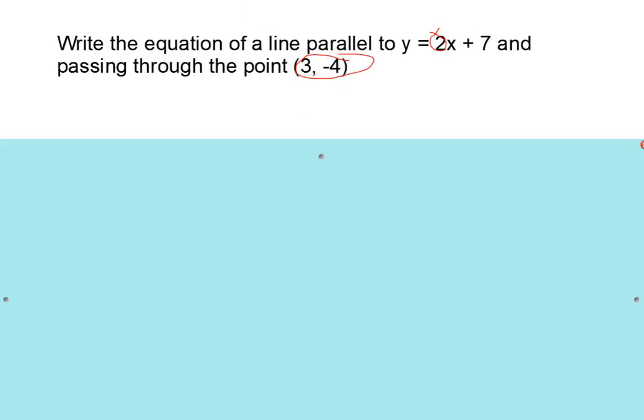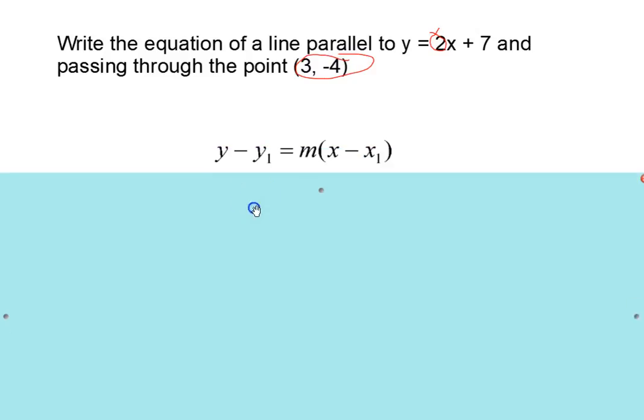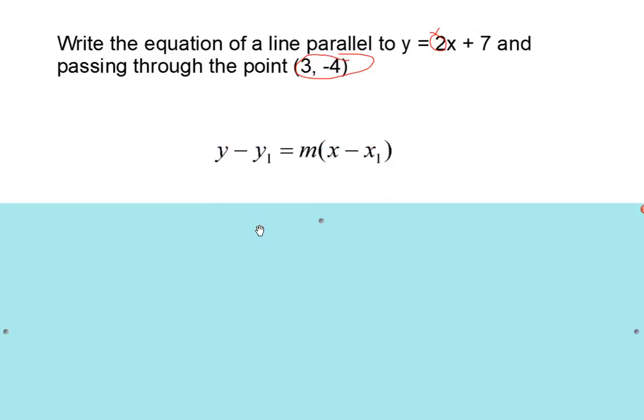You'll remember from last unit that we used this equation here to write the equation of a line. So we're going to take our slope from this one and plug it in for slope. We're going to take our x and plug it in for x1 and our y and plug it in for y1. That's really pretty, isn't it?